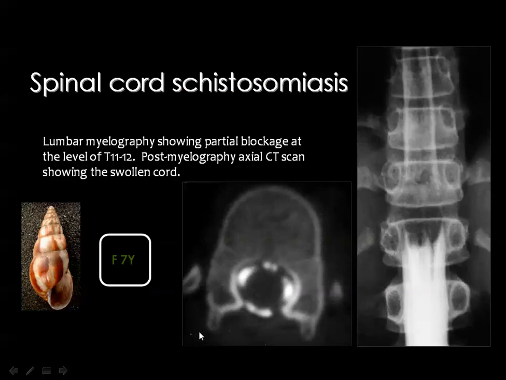Then we come to an inflammatory lesion, which is also well known in the spinal cord, which is schistosomiasis. And this lesion has multiple criteria for the diagnosis. The lesion is almost confined to the region of the conus medullaris and is frequently seen in patients in the first or second decades of life.